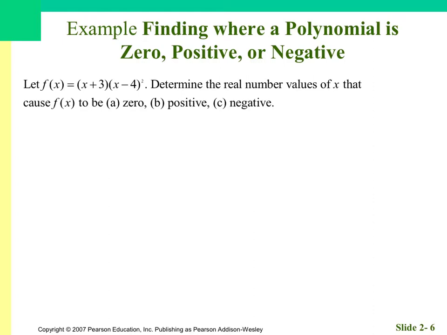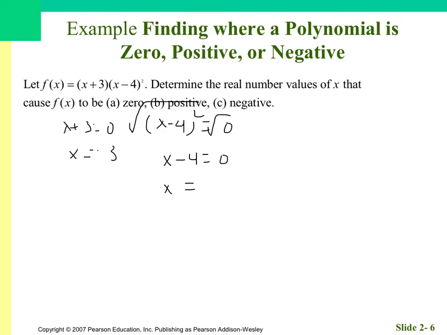Okay, so the zeros we would know. X plus 3 equals 0. X minus 4 squared equals 0, so you get x equals negative 3. Square root it. X equals 4. So there's our two zeros. So let's take a look at this graph.